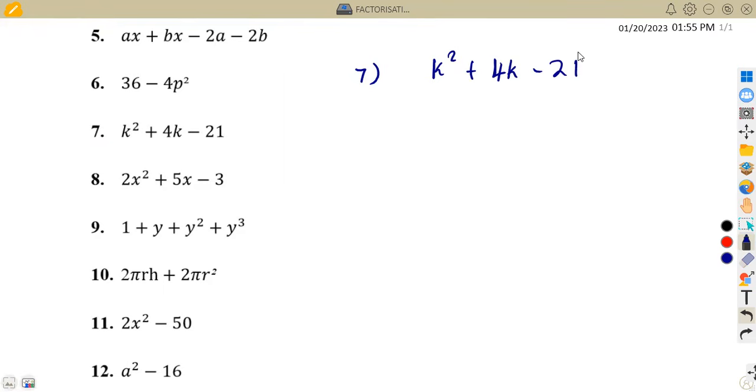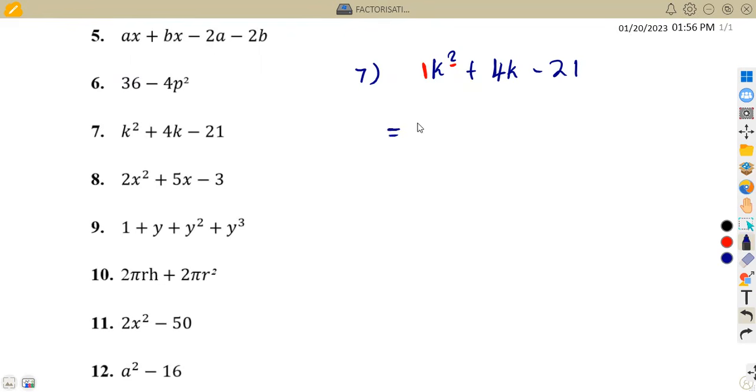If you check on the videos that I did on factorization of quadratic expressions, especially on mathematics N2, you can see how I explained quadratic expressions of this type, where the coefficient of the first term, the coefficient of x squared here, the power of 2, is a 1. Whenever you have this type of equation, do not play around with working the long way. You can just simply factorize it direct.